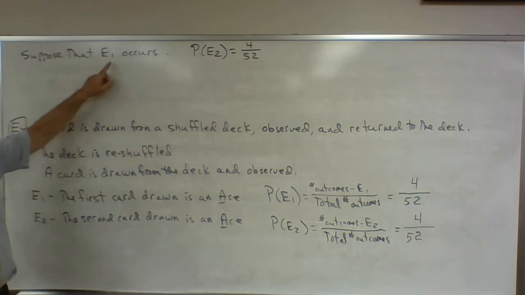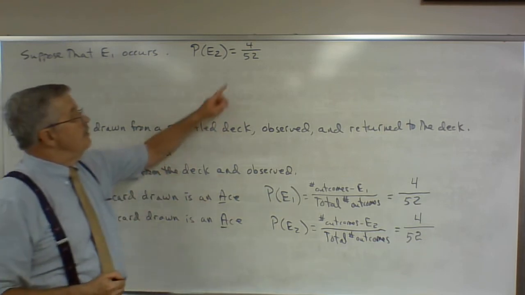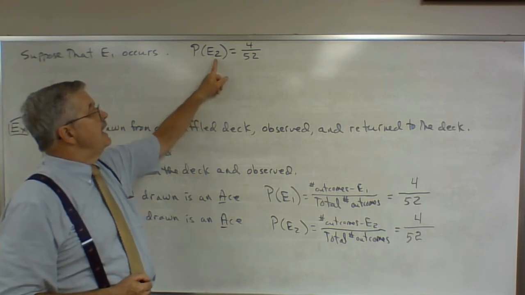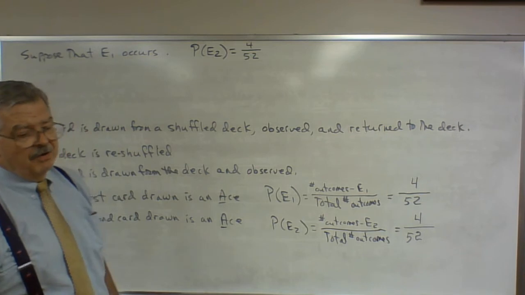Suppose E1 occurs. That is, we do get an ace on the first draw. We put it back in the deck, we reshuffle the deck, and we select another card. The probability that we get an ace on the second draw, 4 out of 52.